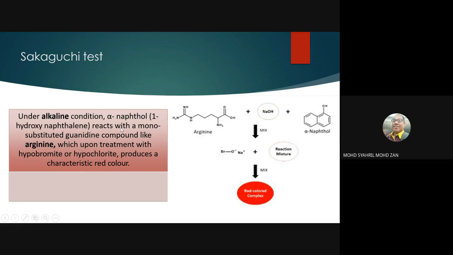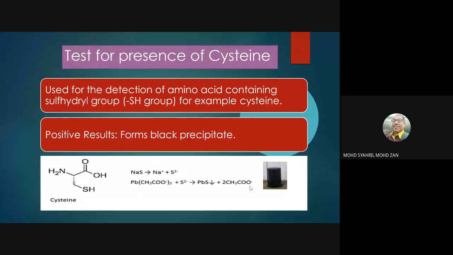Then make sure you put the alpha naphthol or 1-hydroxynaphthalene. Why NaOH? Because we want to create the alkaline condition, so the naphthol can capture the ammonia in there. Once mixed, we add hypobromite or hypochlorite. The hypobromite combines with sodium and reacts. The result is a red color complex.